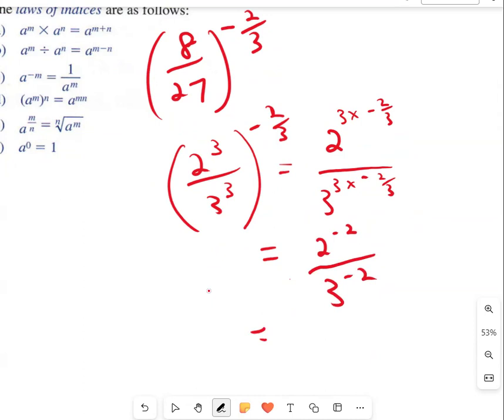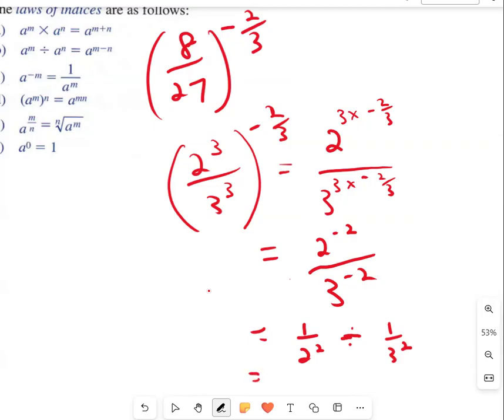2 to the minus 2 is the same as 1 over 2 squared. And notice 3 to the minus 2 is 1 over 3 squared, right? So I replace this line with a division sign.